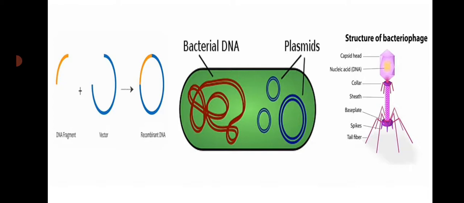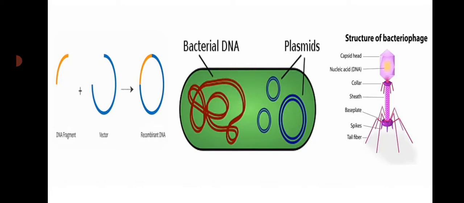A vector is a DNA molecule that is used to carry a foreign DNA into the host cell. This is the host cell. It has the ability to self-replicate and integrate into the host cell.